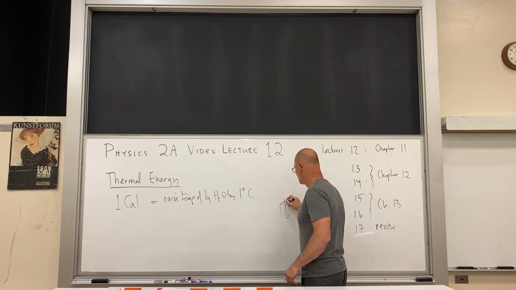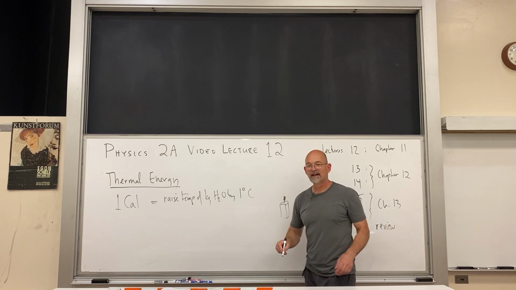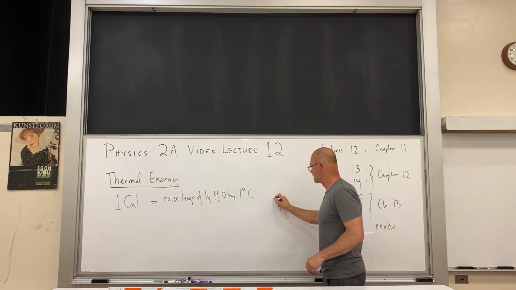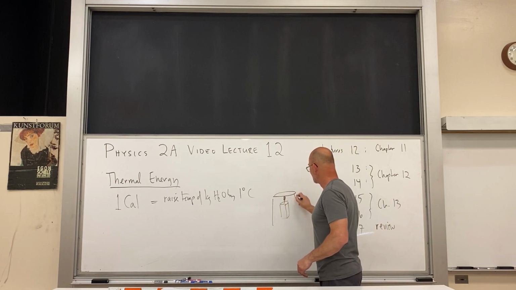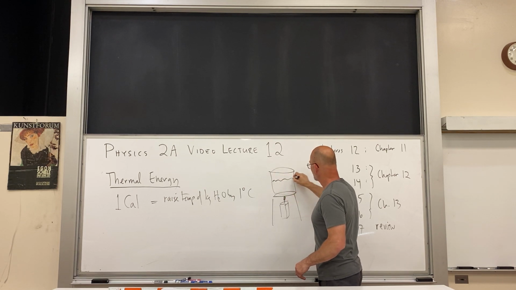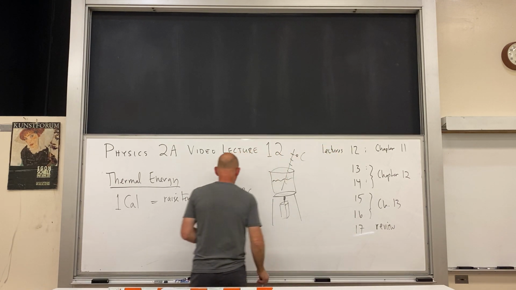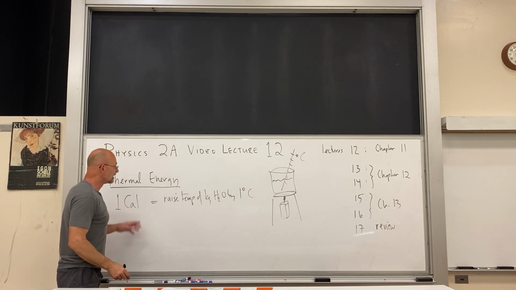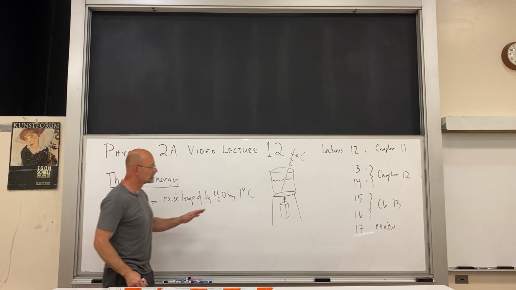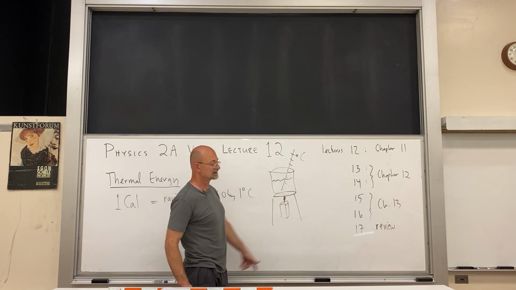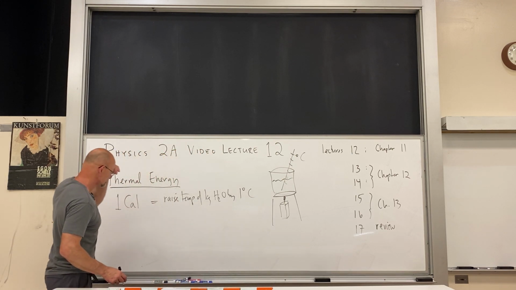Wonder if anybody went home and made a butter candle. If you haven't, try it. And then underneath there, it's underneath a beaker. We're heating water, and we have a thermometer. So there's the cartoon that goes with the whole idea of the calorie, if you know that this is a butter candle. Okay, good.